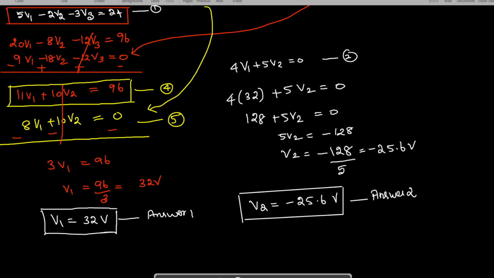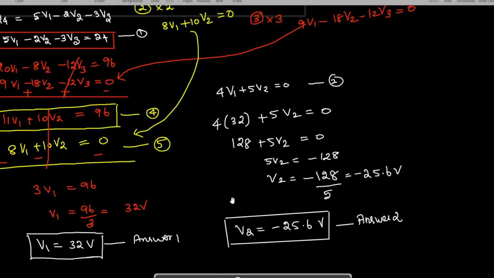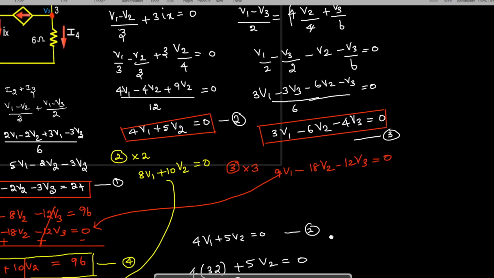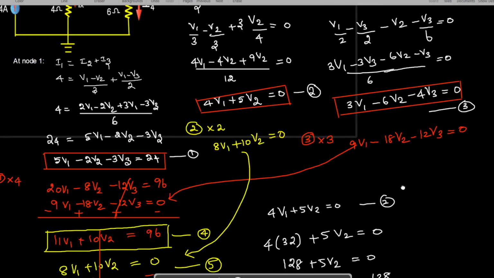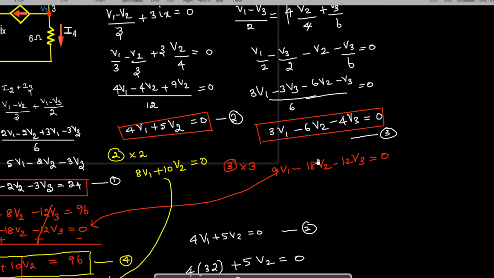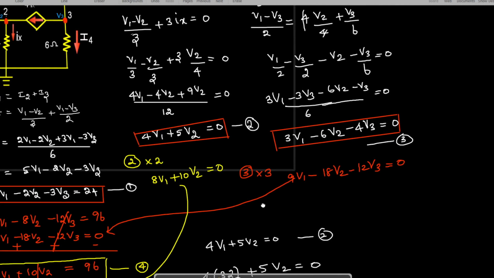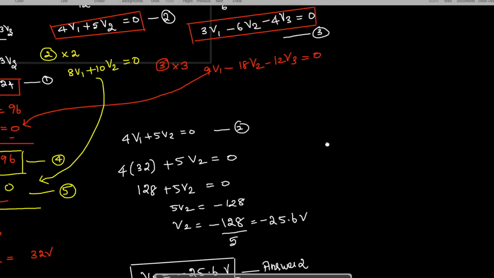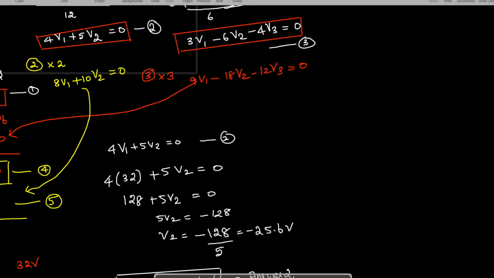Now once you have found V1 and V2, you can substitute in any of these equations. You can go for the third equation, or you can go for the first equation. So we start with the third equation, which is 3V1 minus 6V2 minus 4V3, that is equal to 0.